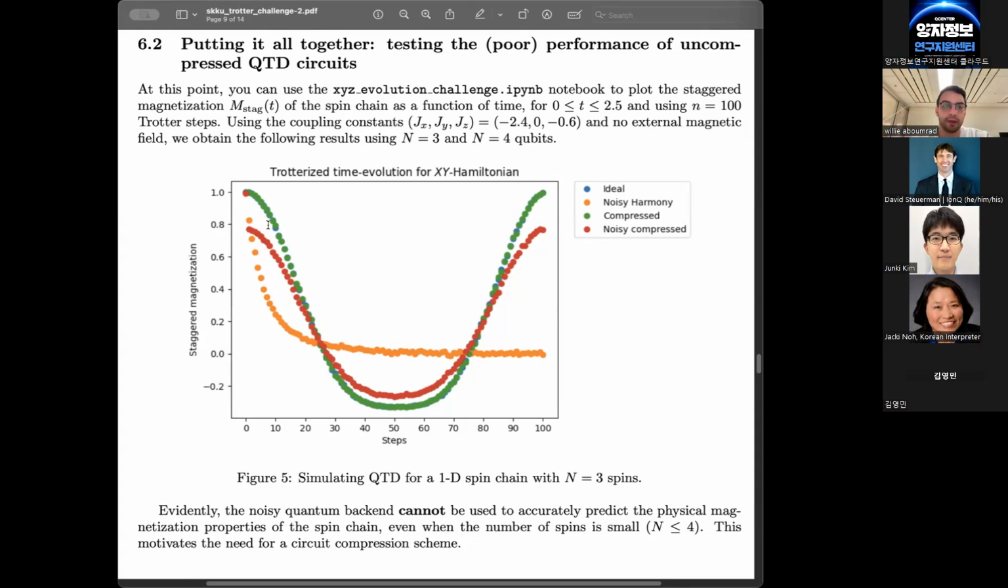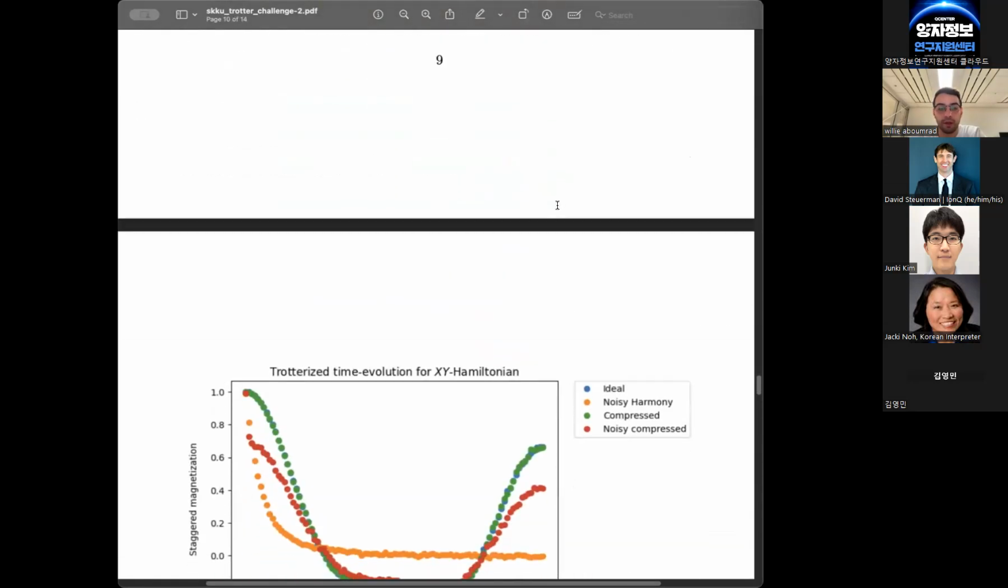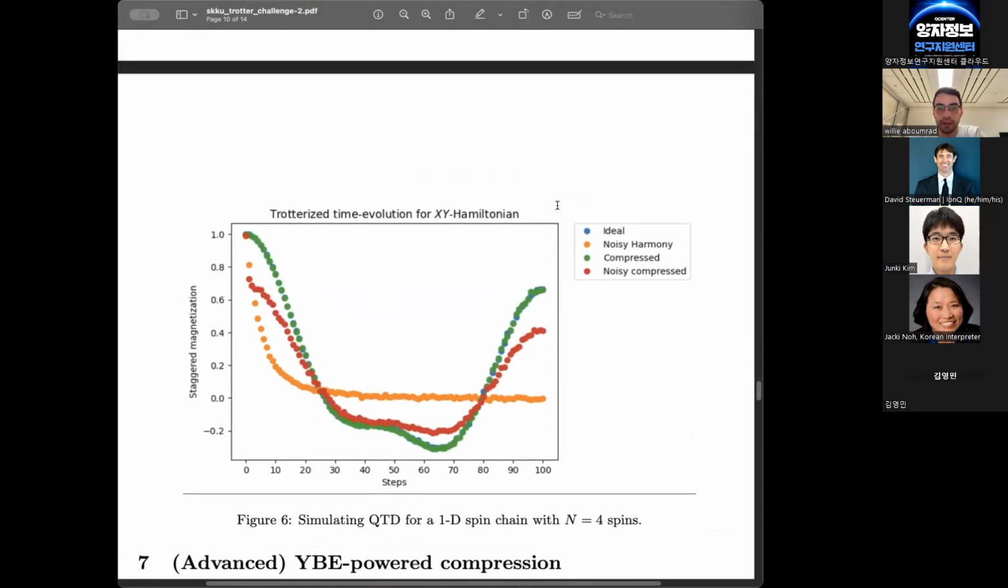And in the red one, which is run on the noisy hardware, you run the shallow circuit on the noisy hardware, that shows much better fidelity. It's predicting that physical property, magnetization as a function of time, with a much higher fidelity. So this is the result for 3 qubits, and I'll just briefly show the result for 4 qubits here.